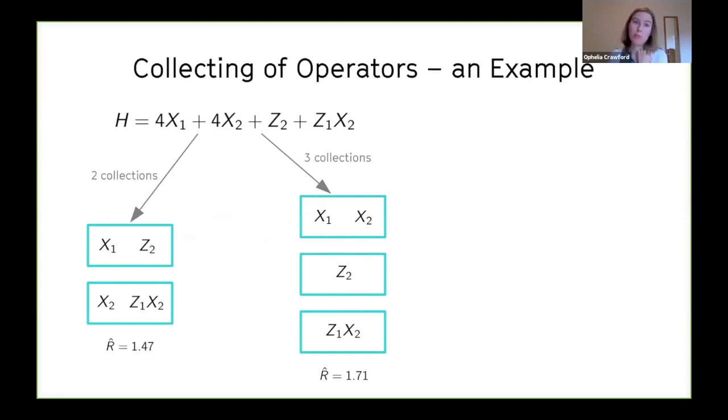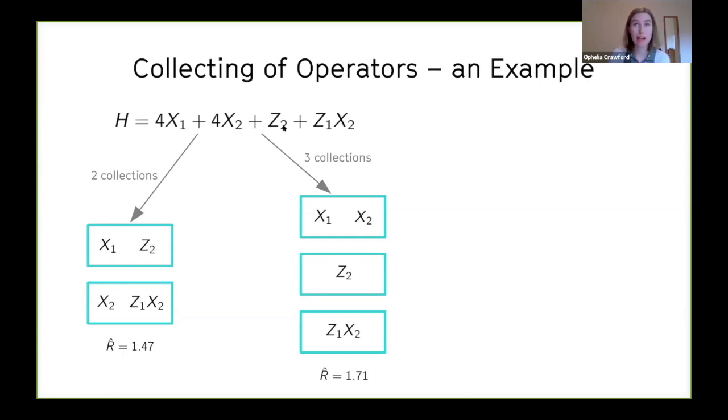Considering a simple example to illustrate the idea behind our methods, I've here given a very simple Hamiltonian. It's just got 4 terms and it's defined on 2 qubits. There's one way of collecting the terms into just 2 collections, shown on the left here, and this gives us an R hat value of 1.47.